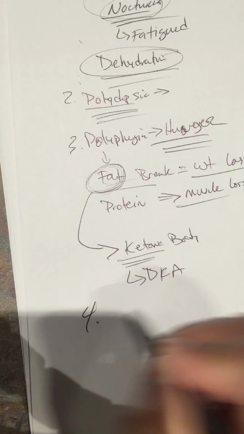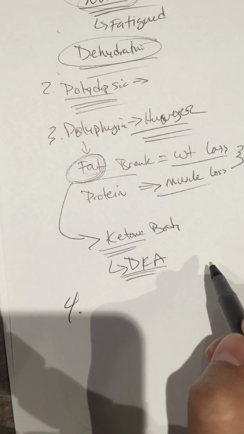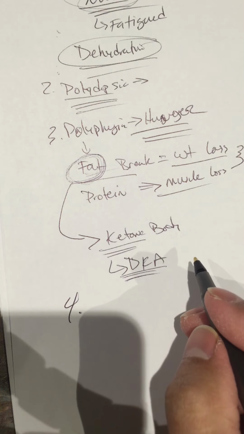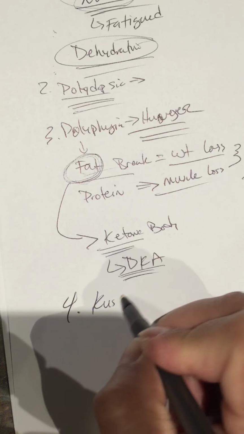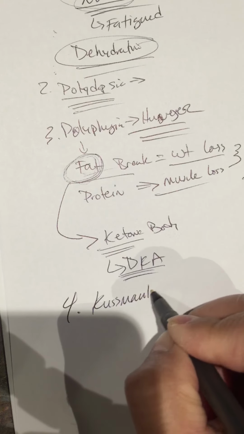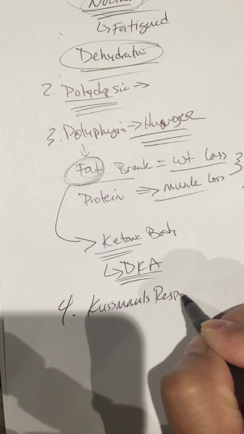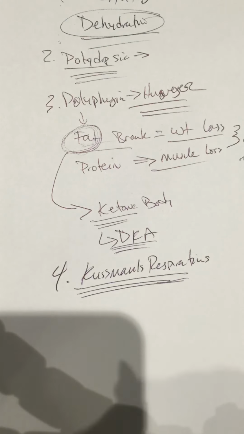Number 4, if the patient is beginning to suffer from something like a DKA, diabetic ketoacidosis, one of the first things that you will notice is Kussmaul's respirations, rapid breathing. Now this is very, very important because that lets you know that their health is beginning to decline very, very rapidly.